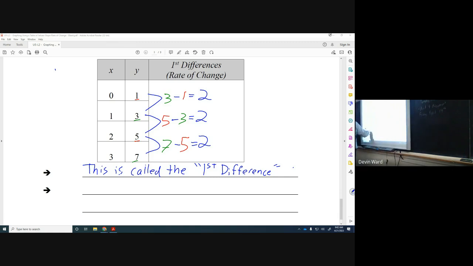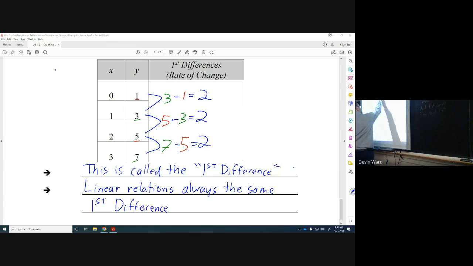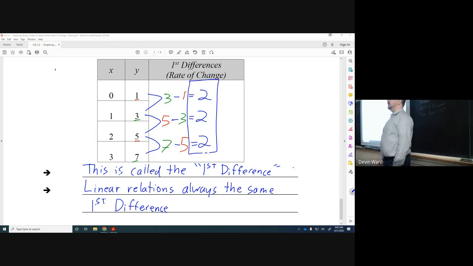And linear relations always have the same first difference. Every time we took the first difference between the points, it was always 2.